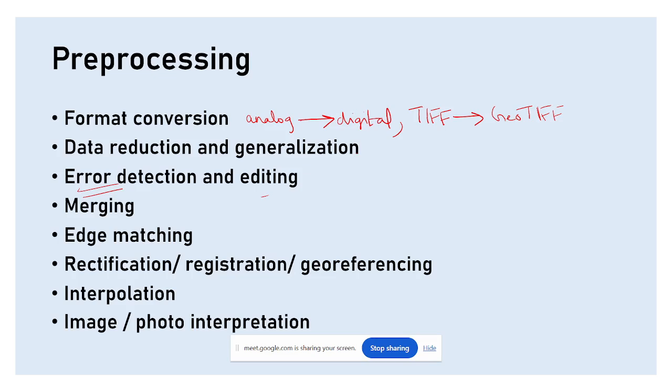So at every step, pre-processing, processing, whatever it is, error detection is very important. If you find errors, like some wrong points, you can edit them, put in the correct ones, and then move on to the next step.